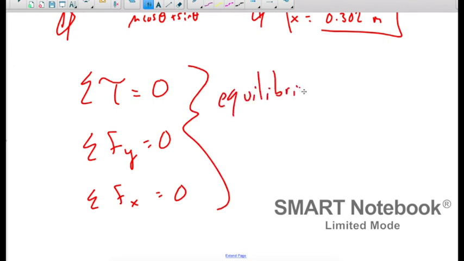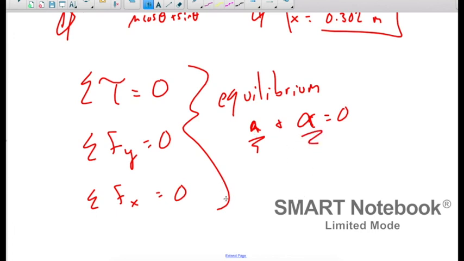And remember what this means. It means that the acceleration and the angular acceleration are equal to 0. Every problem we looked at was static equilibrium, where the velocities were also equal to 0, but that may not necessarily be the case, right? All this tells us is that the thing has no acceleration translationally or rotationally.